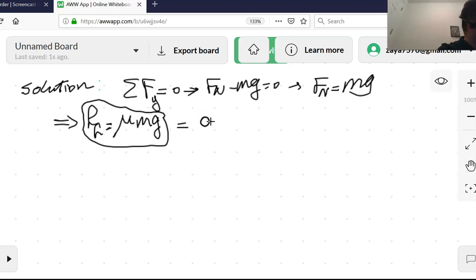So this is our friction force, which if I substitute, let me see how much it is: 0.02 times the mass of the car, 1500, times 9.8. 0.02 times 1500 times 9.8.